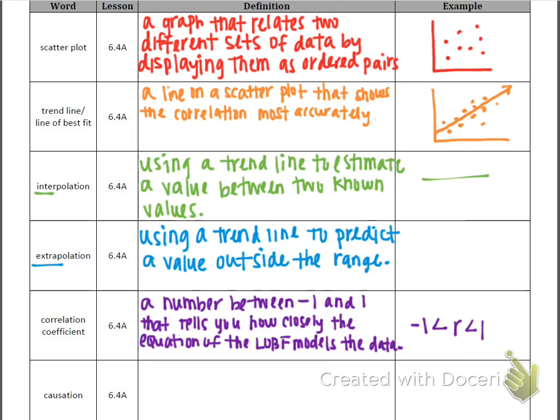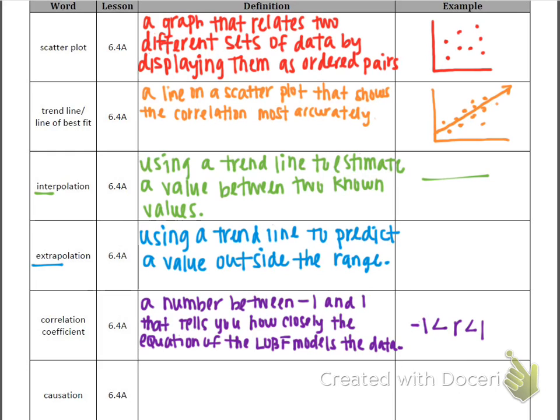So the more amount of time that passes without an accident, the lower your rates go. So as one increases, the other is decreasing. Make sense? So your correlation coefficient would be between 0 and negative 1. So the positive and negative just has to do with, is it a positive correlation or a negative correlation? One is not better than the other.